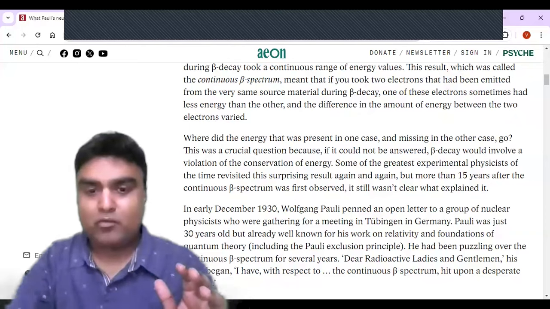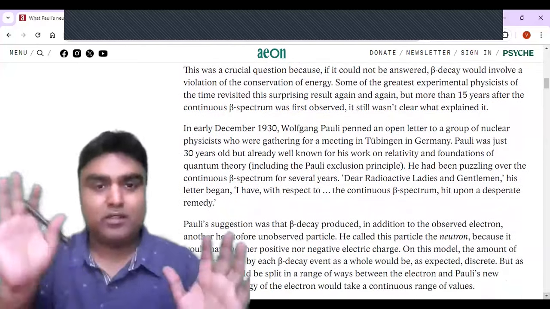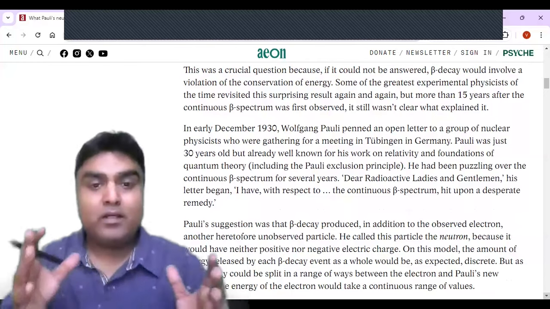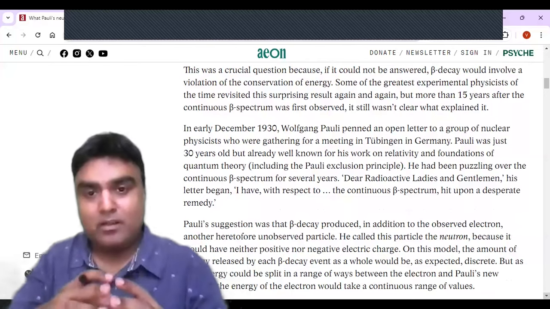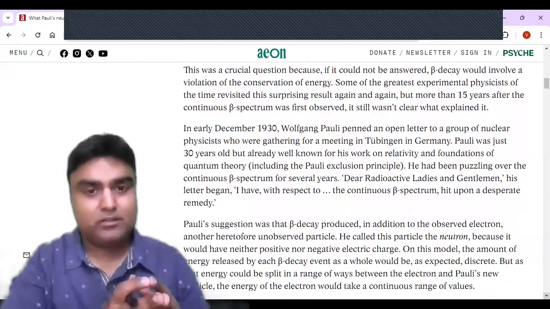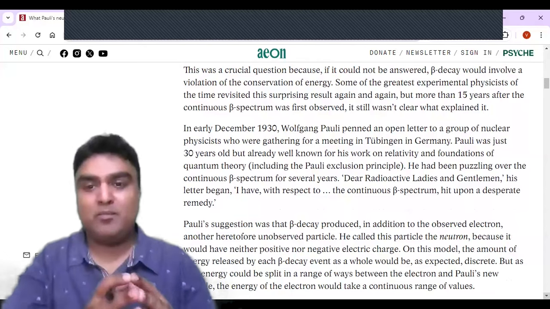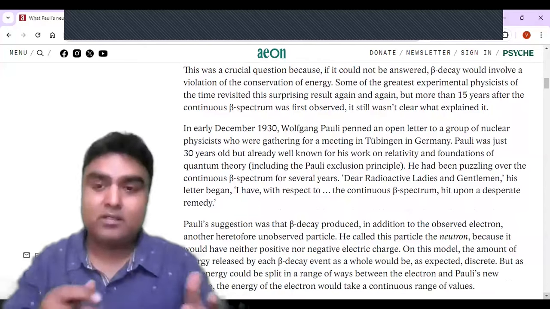Now this is a small paragraph, so we'll read one more paragraph with it. We'll take the third and the fourth as third only. Okay. So in early whatever, Wolfgang Pauli penned an open letter to a group of nuclear physicists who were gathering for a meeting in Tübingen in Germany. I don't know how to pronounce it.